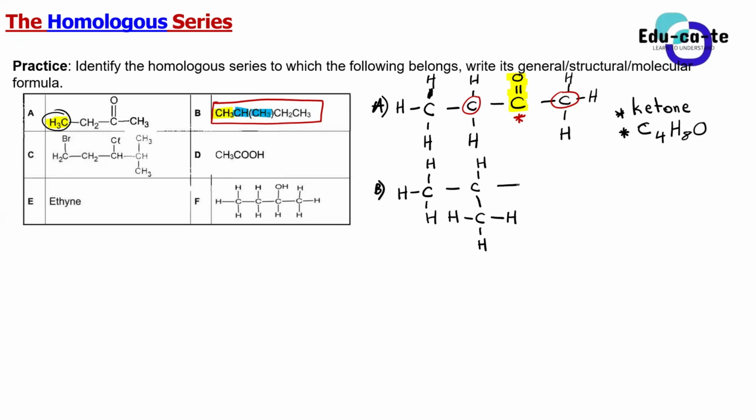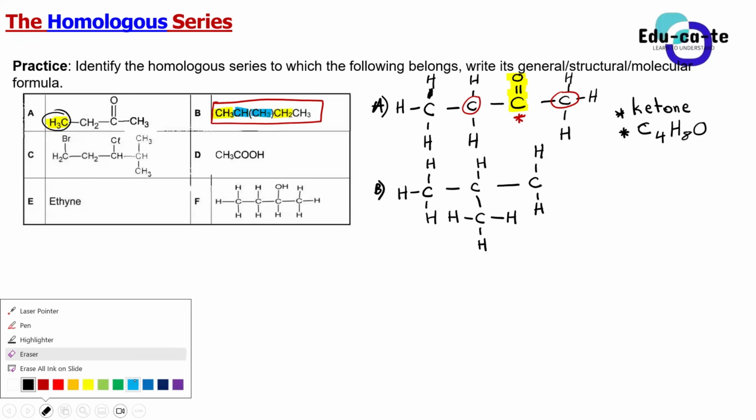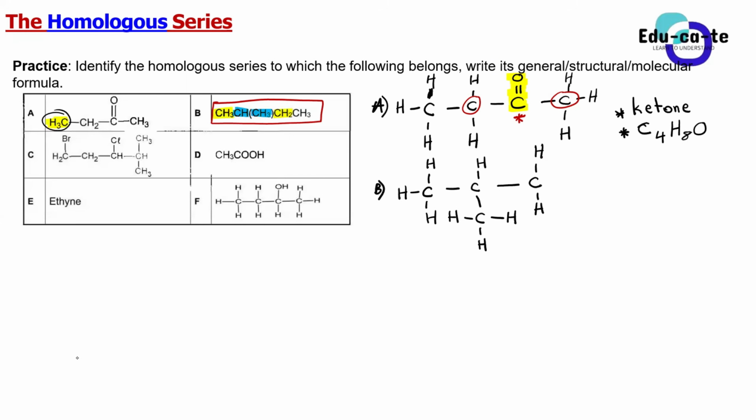After the CH3, we've got a CH2 there, so it's a carbon that is bonded to two hydrogens. Can you see, guys, that we've got a carbon bonded to two hydrogens? Yes, sir. And then after the CH2, we've got a CH3 at the end.